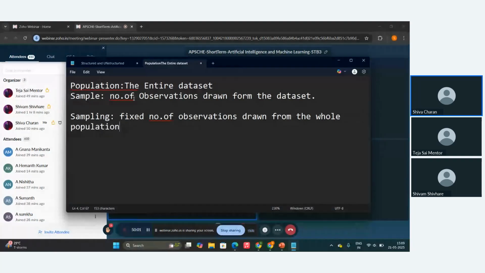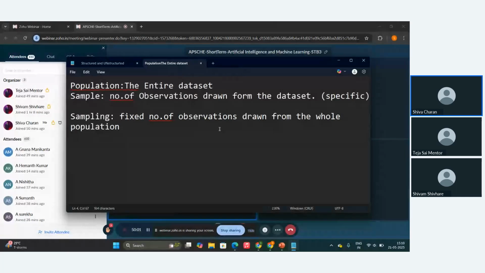A sample you can consider as a specific part of the data. You may get confused between sample and sampling, but both mean the same. So sampling is nothing but a fixed number of observations.